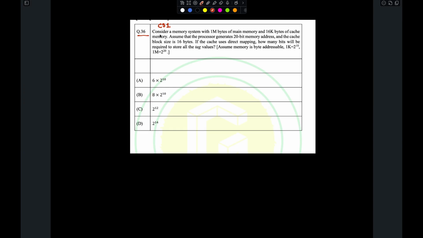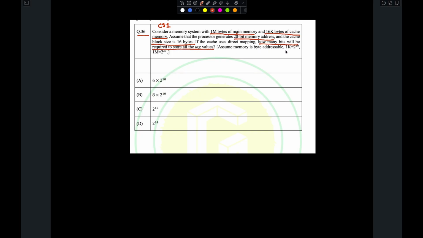So the question says, consider a memory system with 1 M bytes of main memory and 16k bytes of cache memory. Assume that the processor generates 20-bit memory address and the cache block size is 16 bytes. If the cache uses direct mapping, how many bits will be required to store all the tag values?